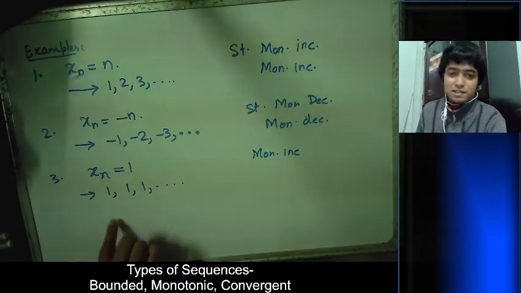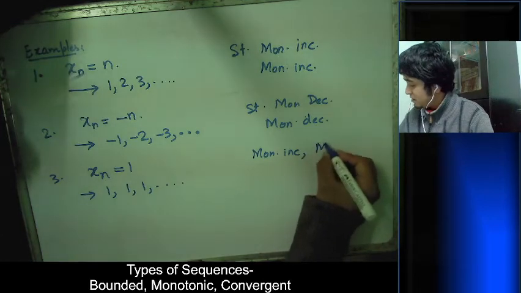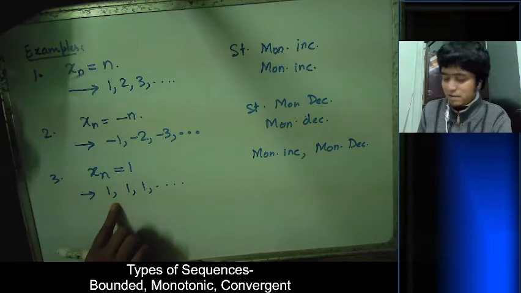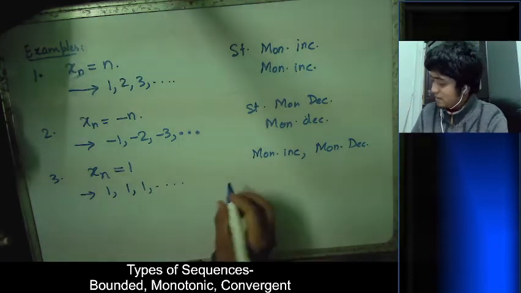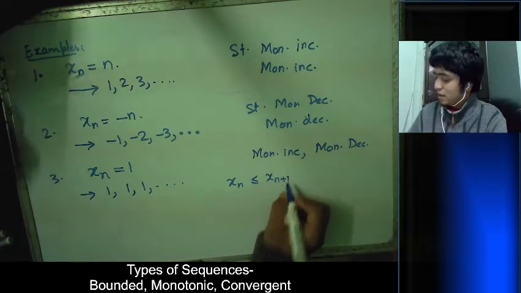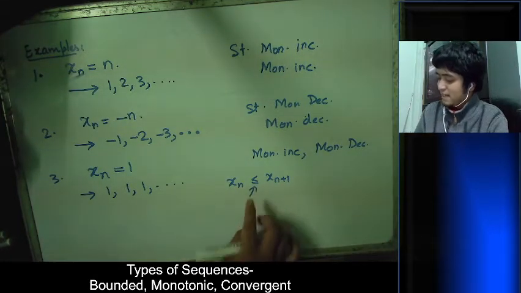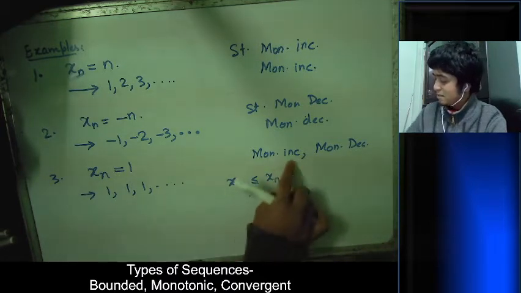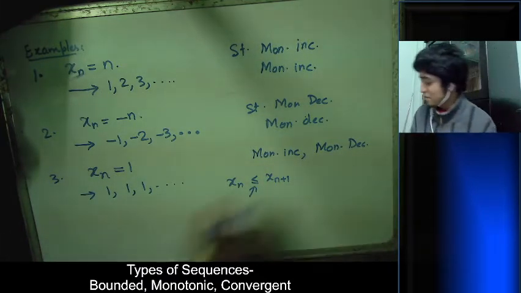It is also constant. Because remember that in monotonic increasing, we were having xn less than or equal to xn plus 1. You also have the equal sign. So over here, they are all equal. So that's why it is monotonic increasing, also monotonic decreasing.